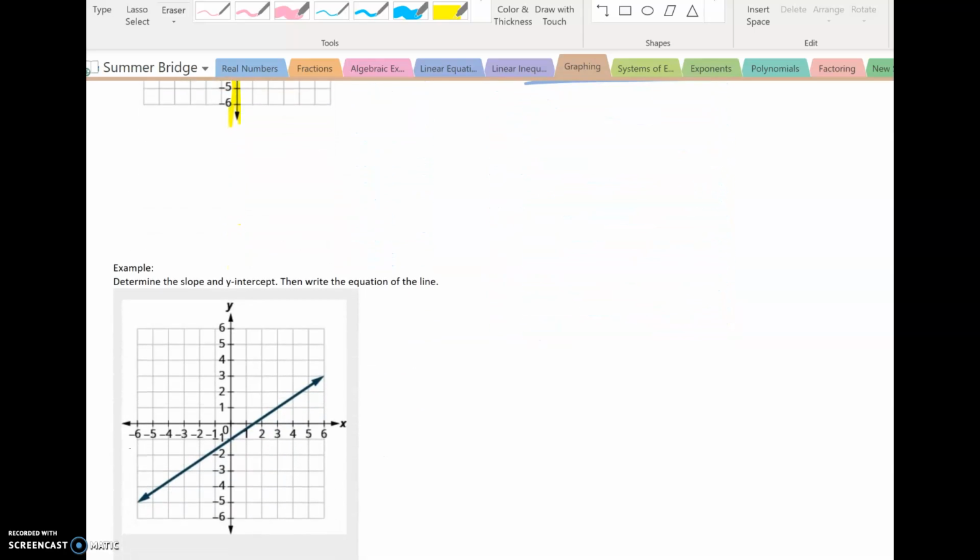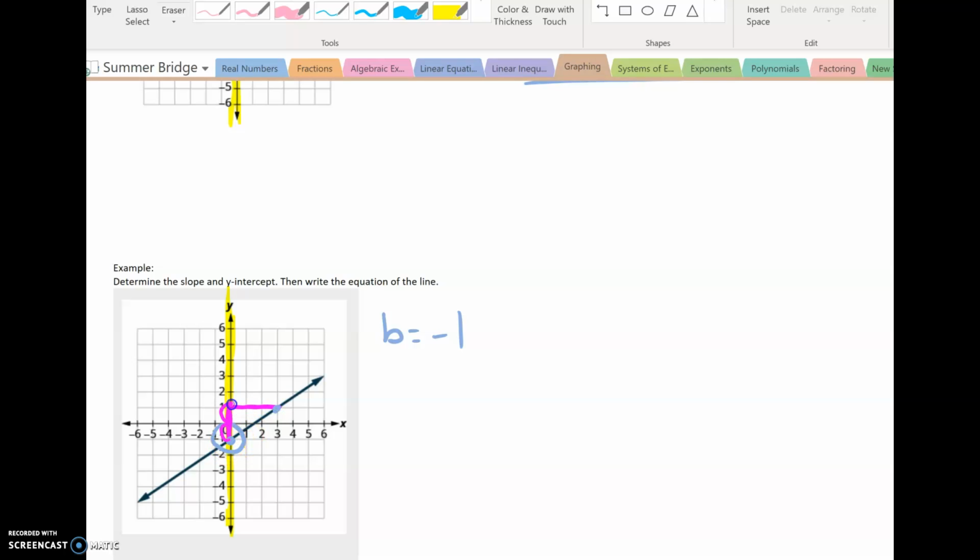So here's my next example. Again, we're going to find where the line crosses the y-axis, and it crosses it here at -1. So my b is going to equal -1. That's my first nice point. My next nice point is up there. I'm going to see how many units I have to go, in this case up and then to the right.